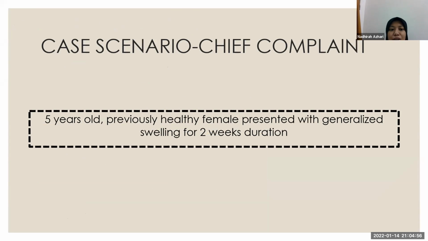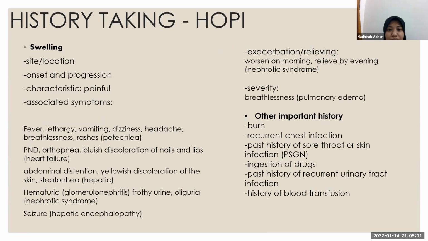Okay, so for example of case scenario, 5 years old, previously healthy female presented with generalized swelling for 2 weeks duration. So how do we approach this type of chief complaint? So for the history taking, in history of presenting illness, first we need to elaborate about the presenting complaint, chief complaint.